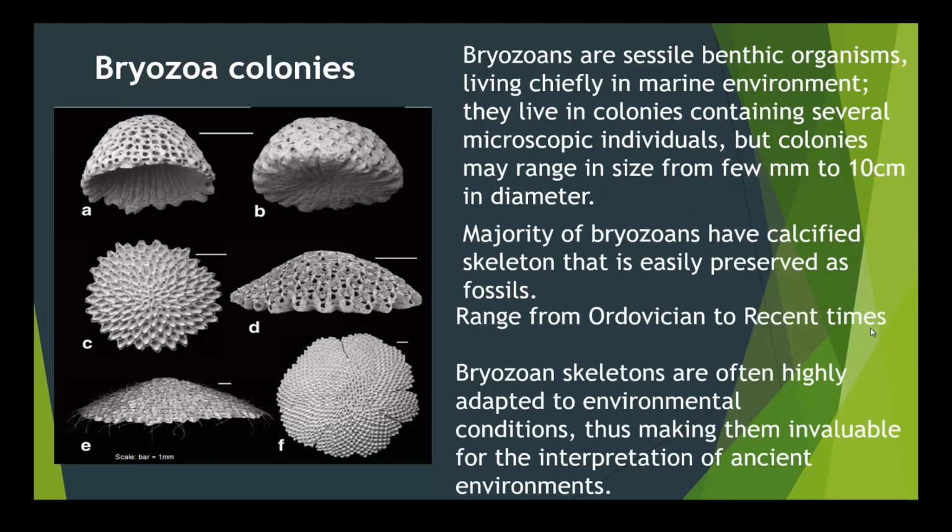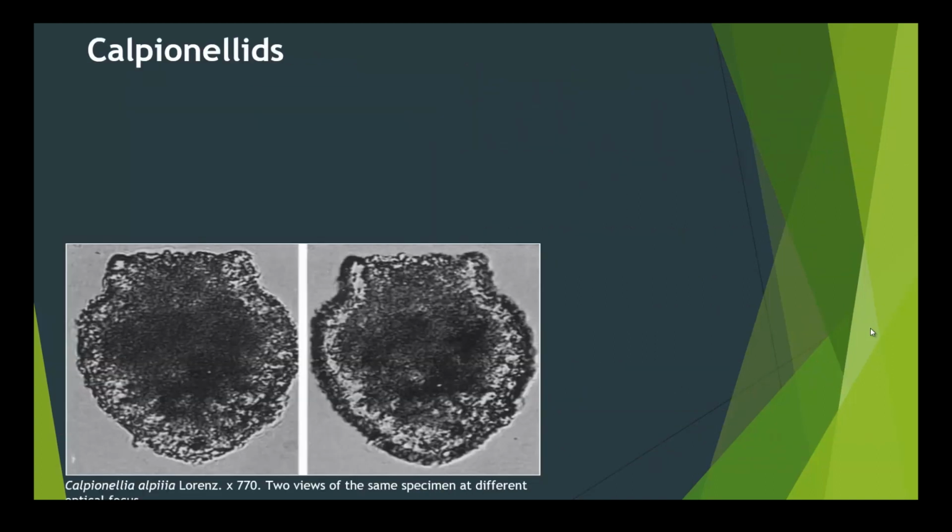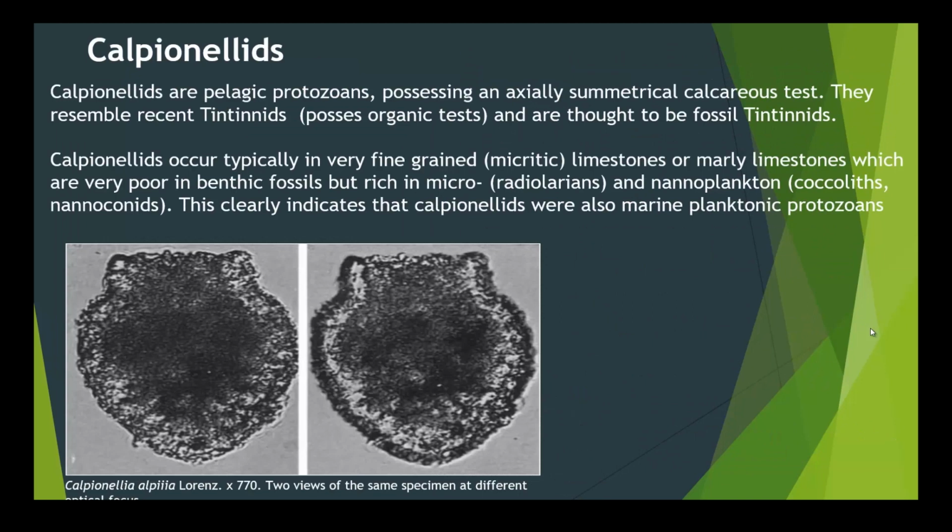The extinct Calcareous are another group of calcareous microfossils. Calcareous are pelagic protozoans possessing an axially symmetrical calcareous test. They resemble recent tintinnids. Tintinnids possess an organic test as opposed to the calcareous test of the Calcareous. Calcareous occur typically in very fine-grained limestones or marly limestones, which are very poor in benthic fossils but rich in microradiolarians and nanoplanktons.